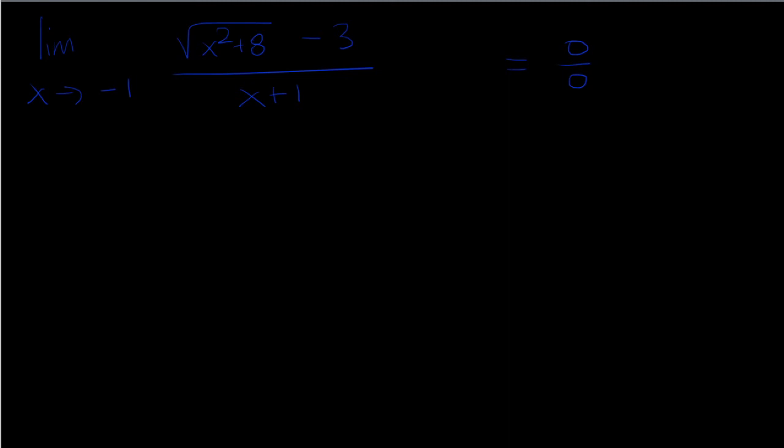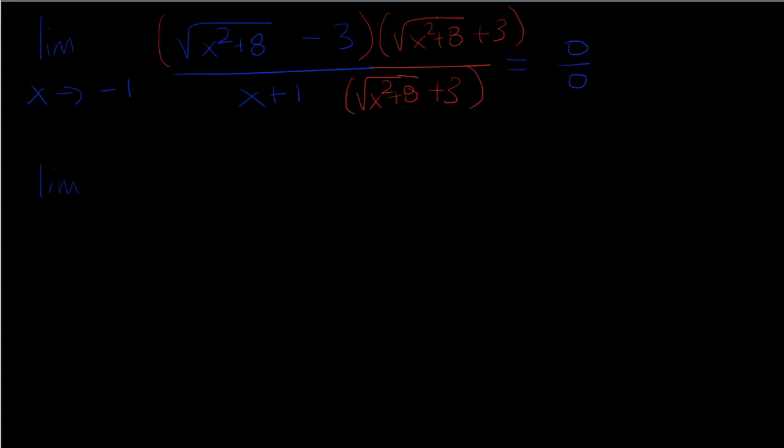So just like we've been doing, we want to multiply top and bottom by the conjugate. So it'll be square root of x squared plus 8, plus 3. Now the top, we leave it the same. Oh, I'm sorry, not the same. The bottom we leave the same.